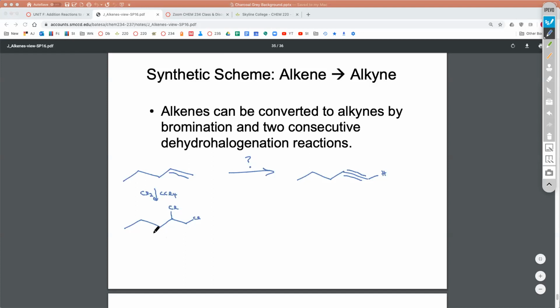Well, now it turns out that we're going to use 3 equivalents of NaNH2. And I'm just going to put NH3 as the solvent just for simplification. But we do need 3 equivalents, and that's the key here.